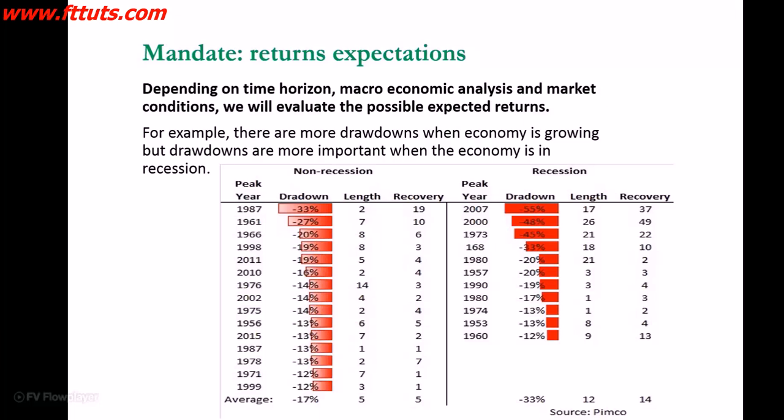So for the non-recession, the left-hand chart, we can see that there are many more drawdowns, but those drawdowns are much smaller than the right chart, where there are few of them, but the numbers we are talking about are 55% drawdown like in 2007 versus the worst in 1987 of 33%. So as we see here, we will have to identify where we are in the economic cycle.